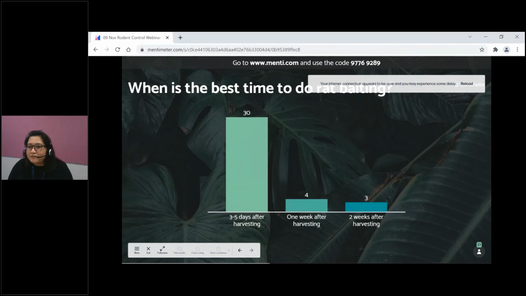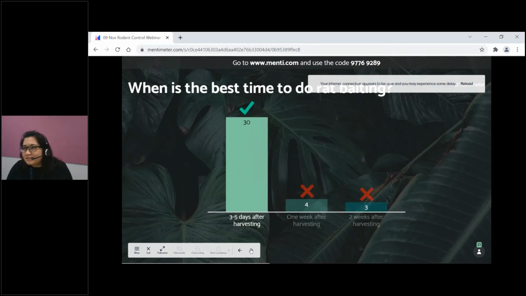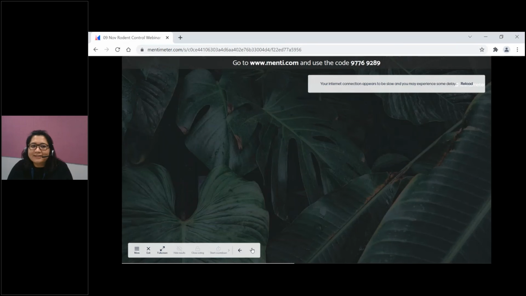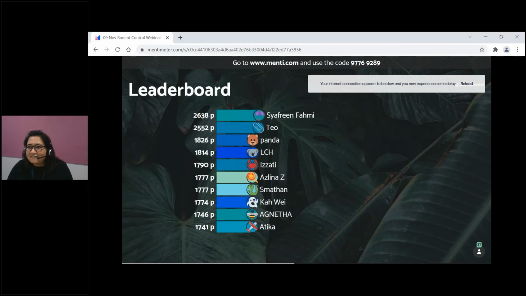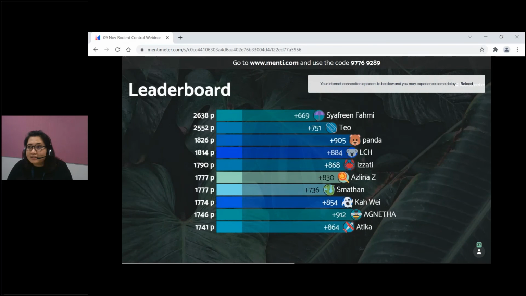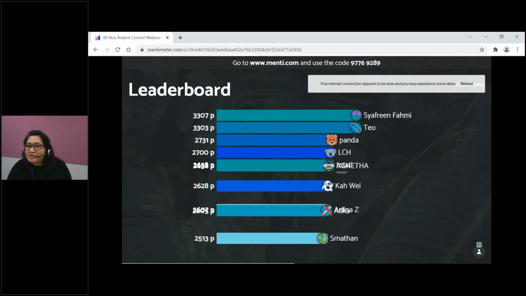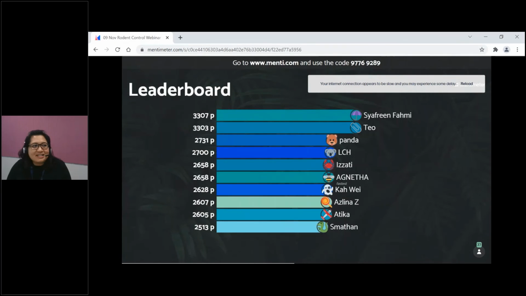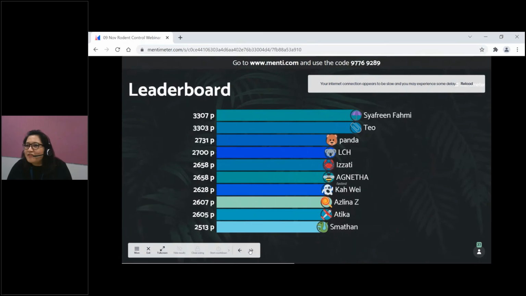So it's 3 to 5 days after harvesting. So let's see who's in the lead. Wow. Okay, the top 3 still has not changed, you guys. Okay, 5th question.